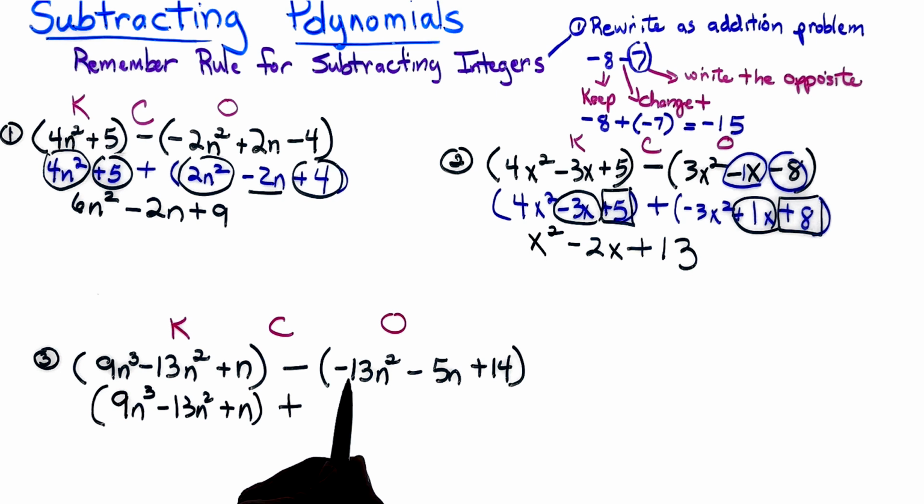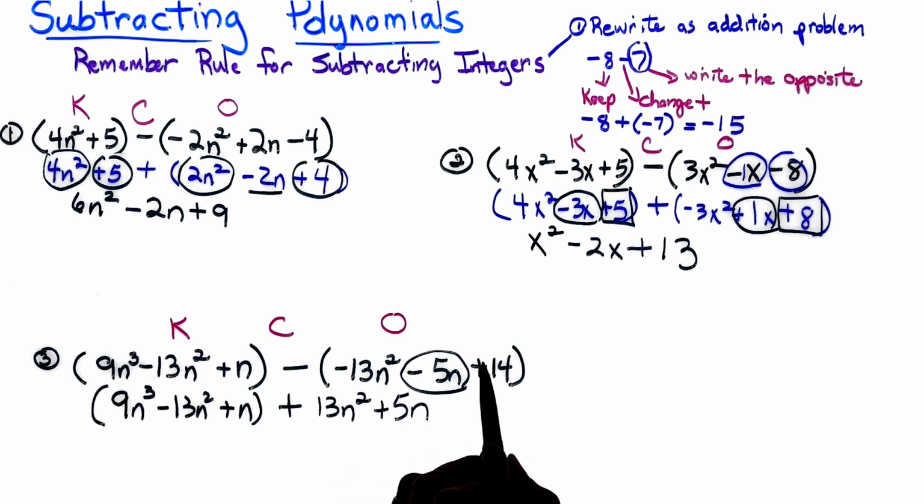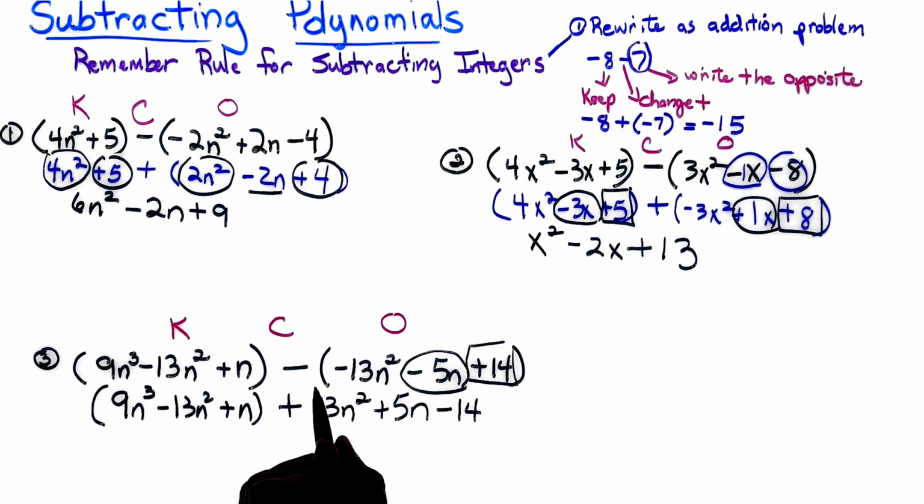I'm writing the opposite of negative 13n squared, which is 13n squared. The opposite of a negative, remember I'm catching the sign in the front, a negative 5n is plus 5n. And the opposite of a plus 14 would be a minus 14. And there is my second polynomial.